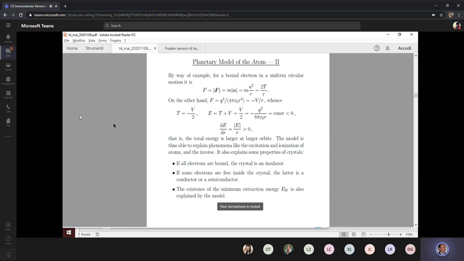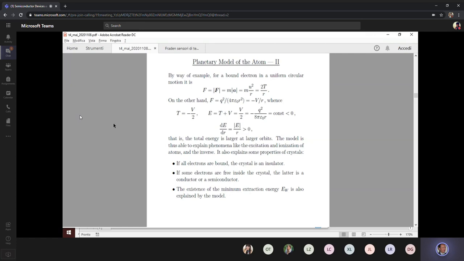Why is this expression useful? Because it shows that in a circular motion, we have a direct functional dependence of the total energy with respect to the radius. So this is an easy formula that applies to the circular motion, and tells you that since the total energy is a constant, the radius, as expected, is also a constant.